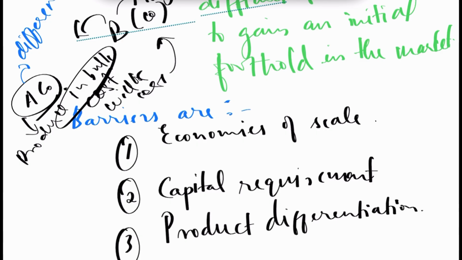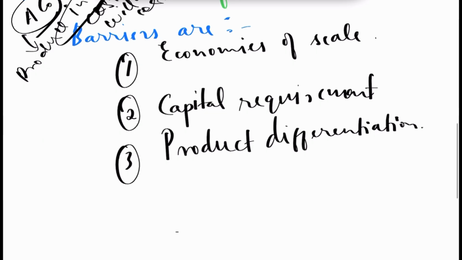Okay, they have better quality, they focus on quality, they focus on brand name, like we can say they are differentiating their products. But B company is entering into the market, so the customer loyalty will not be there, but A company has customer loyalty. If the A company's product is different from what B company is providing, it will be differentiated, so customer loyalty will be there. But B company does not have customer loyalty, so these are the things which will affect the new entrants.